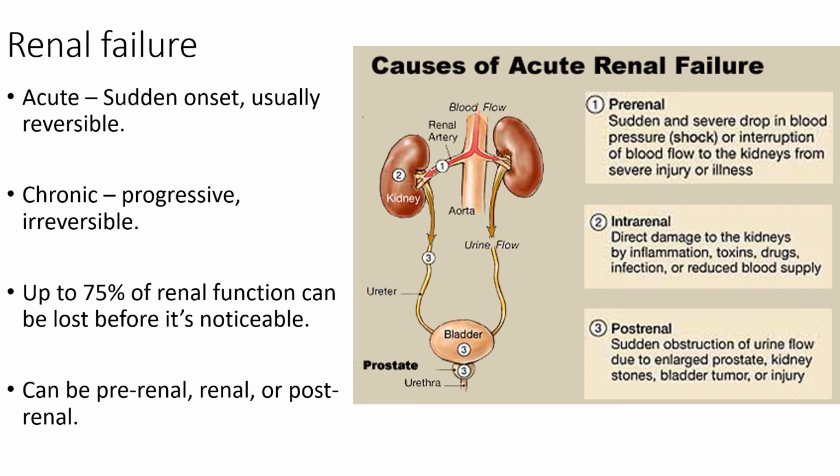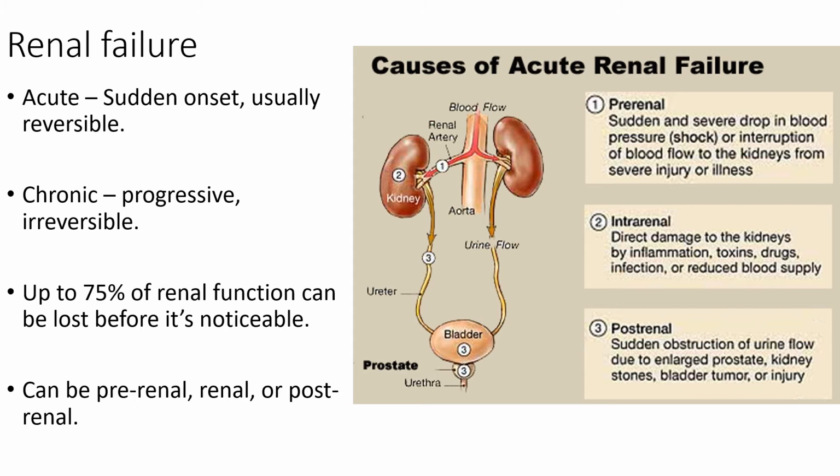Renal failure itself can be pre-renal, renal, or post-renal. Pre-renal means that there's a drop in blood pressure, so there's something wrong with the pump supplying the blood to the kidney, so the kidney can't make as much urine. It's before the kidney. Second is intra-renal, so there's actually something damaging the inner workings of the kidney itself, such as toxins or drugs or infection.